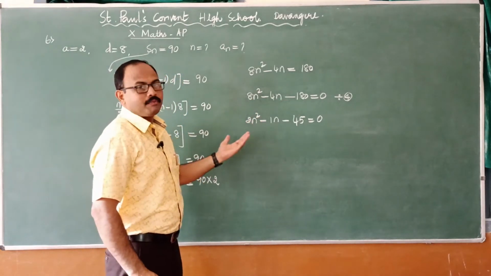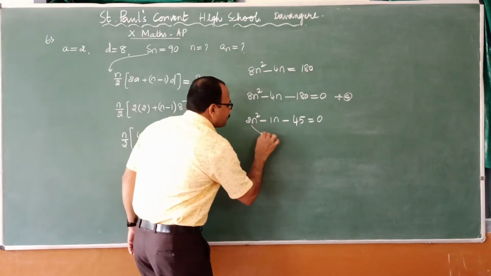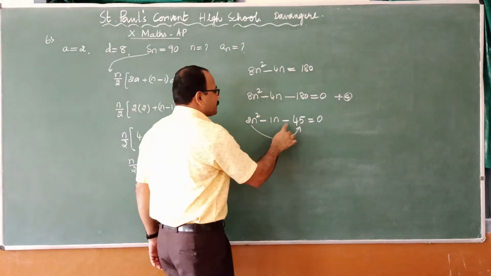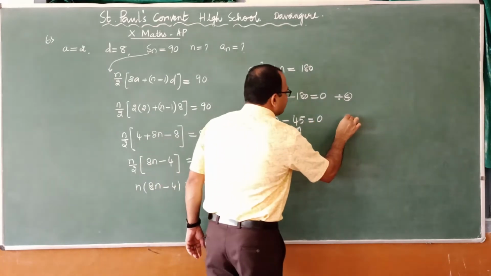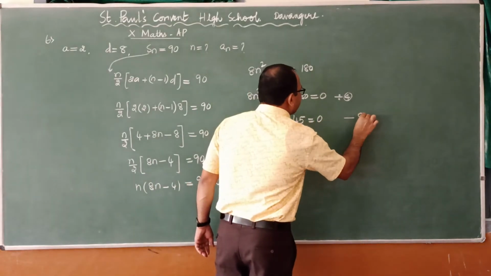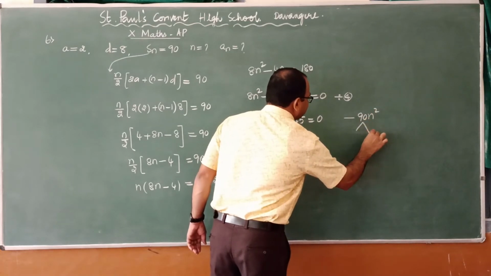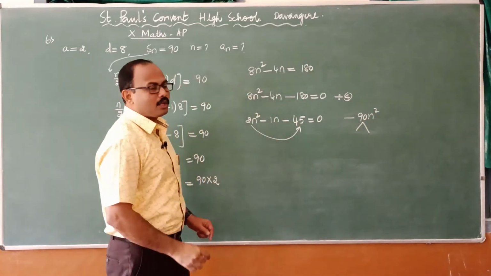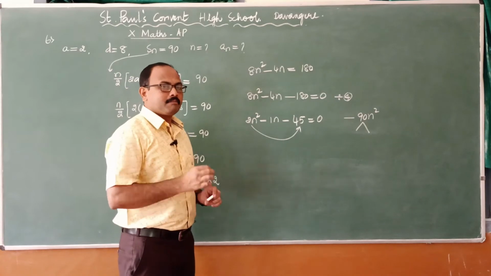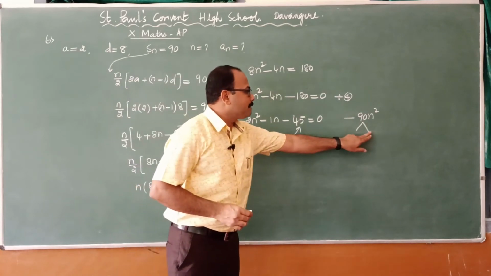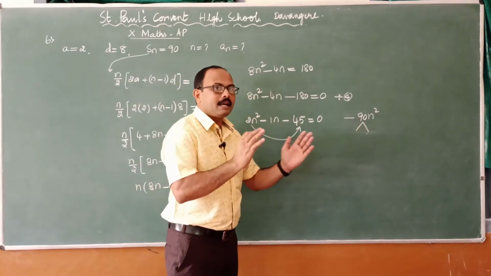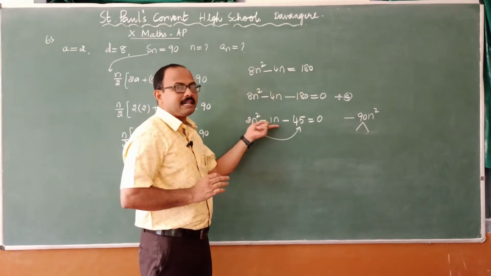Now, how to factorize? We have to multiply the first and the last term along with the sign, plus into minus, minus 2 into 45, which is minus 90 n square, children. Now we have to look for two numbers which, if we multiply, we must get this 90, and add or subtract, we must get the middle term.